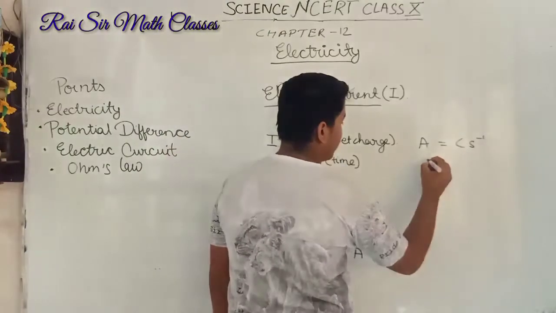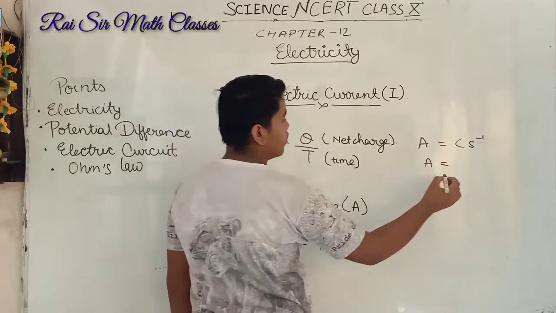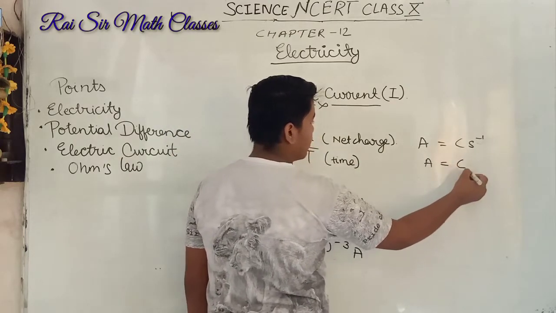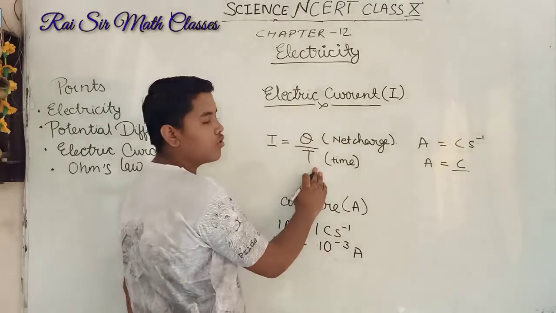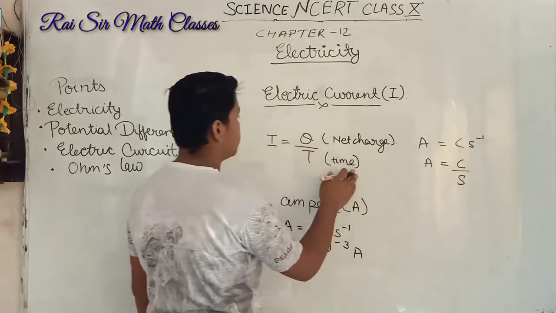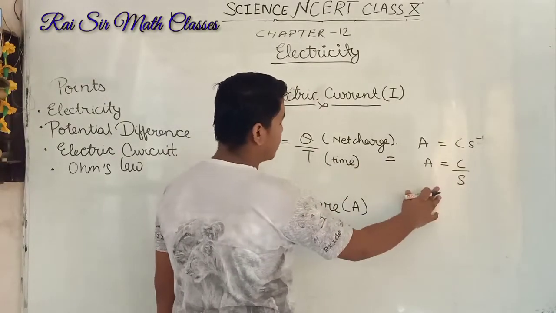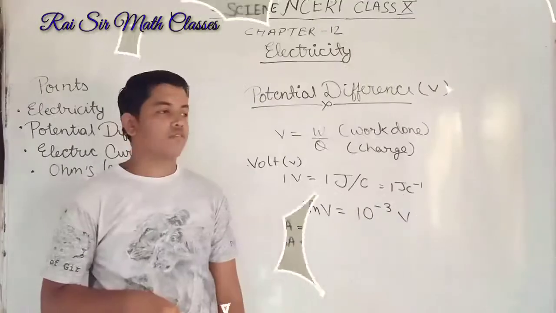So we write A equal to, in place of q we write C, and the SI unit of time, as you all know, is second. So both are equal.